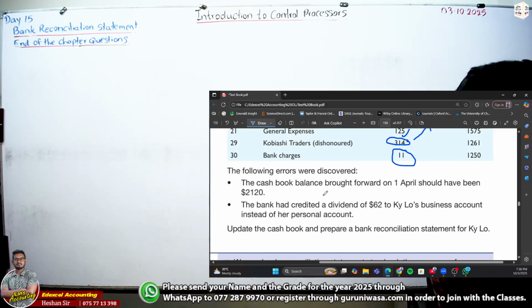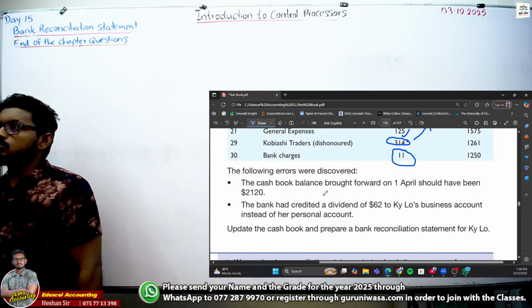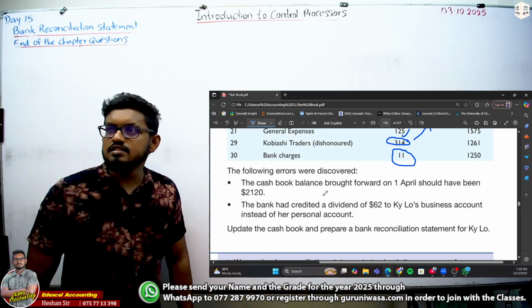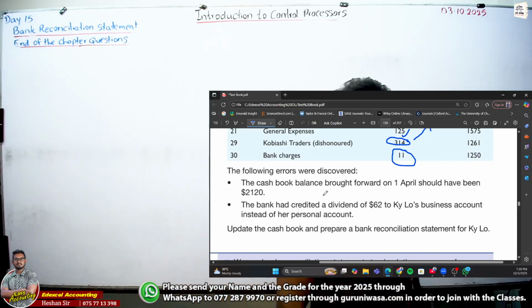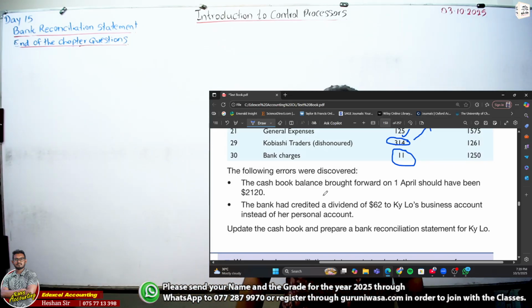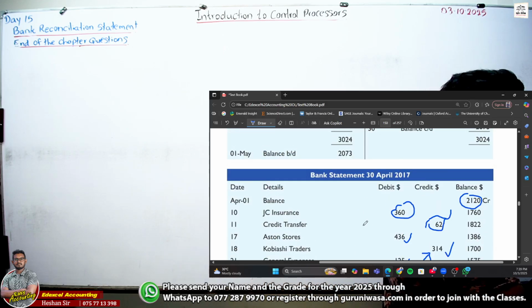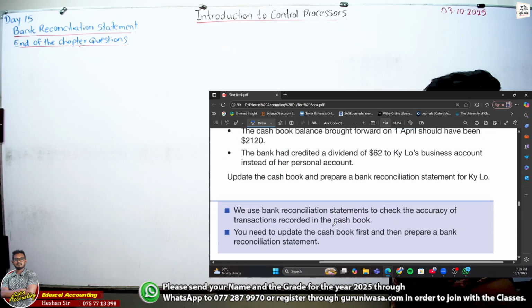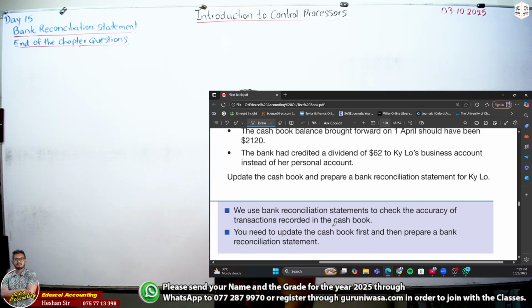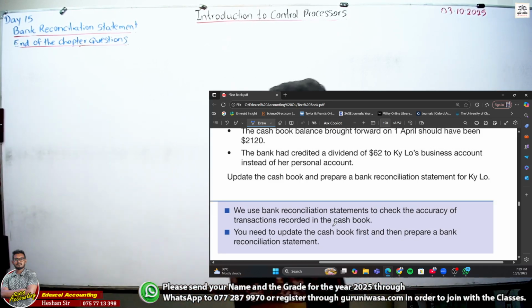Another error: the bank has credited a dividend of 62 to the business account instead of the personal account.